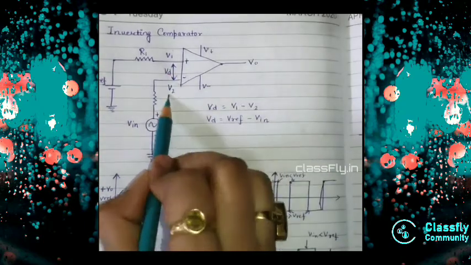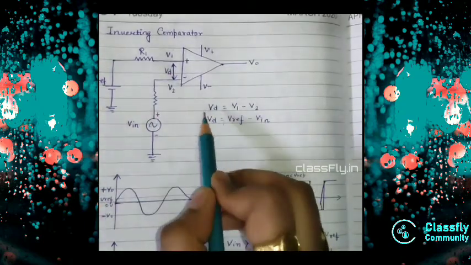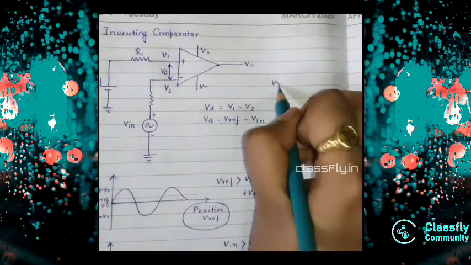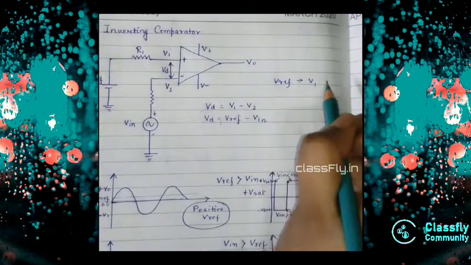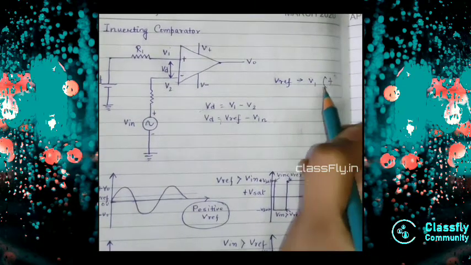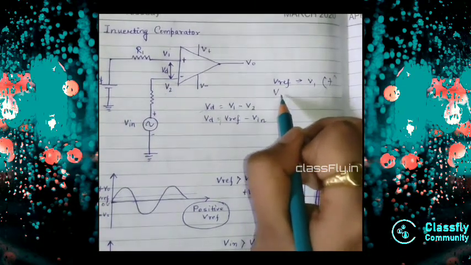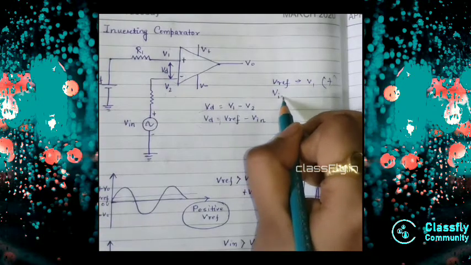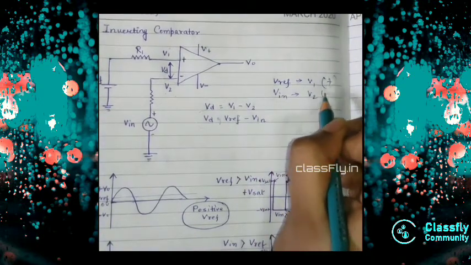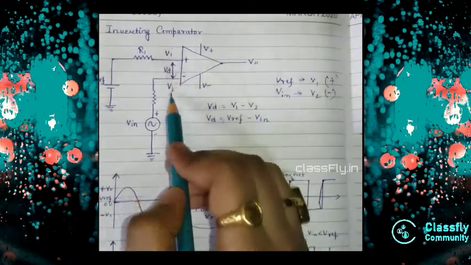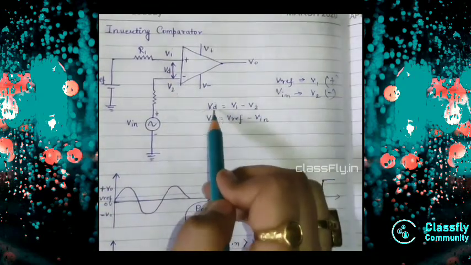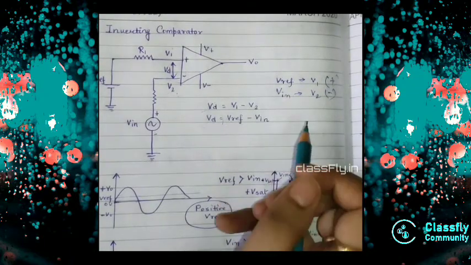That is the non-inverting and inverting voltage, and Vd can also be written as Vref minus Vin. Here Vref is V1, and as we give the input to the inverting terminal, Vin is V2. So Vd equals Vref minus Vin.